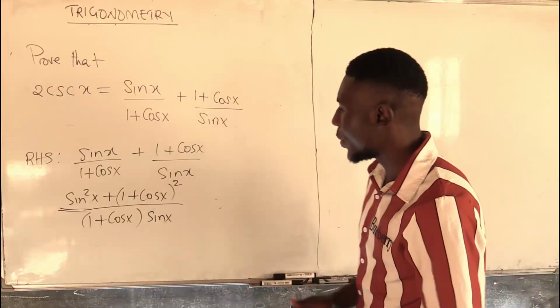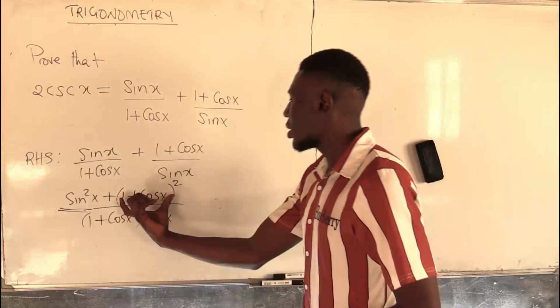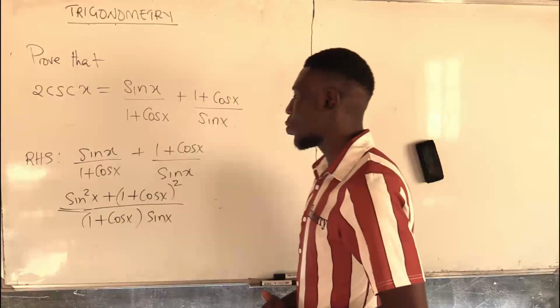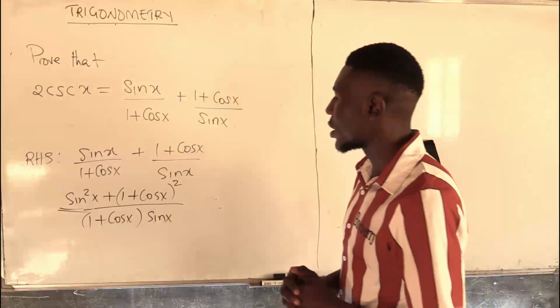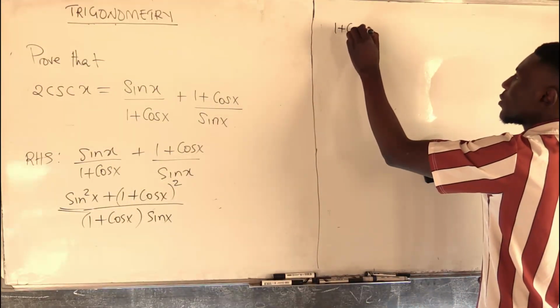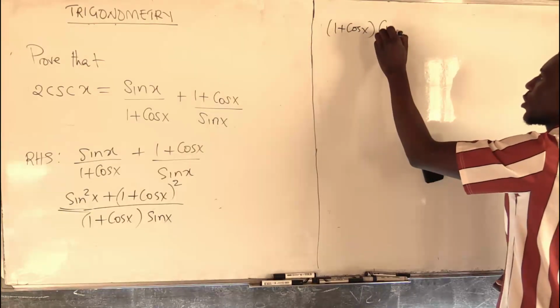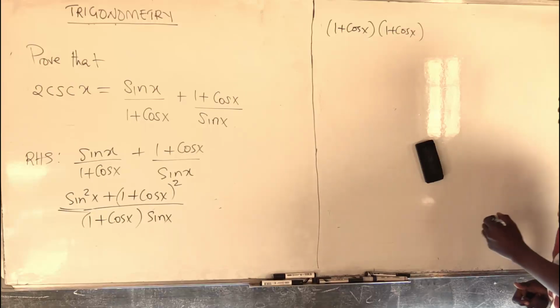Now, what's the next step? It is to simplify this. This that we have in parentheses, 1 plus cos x with the square outside the brackets, means that we have 1 plus cos x times 1 plus cos x. And you know how to expand?